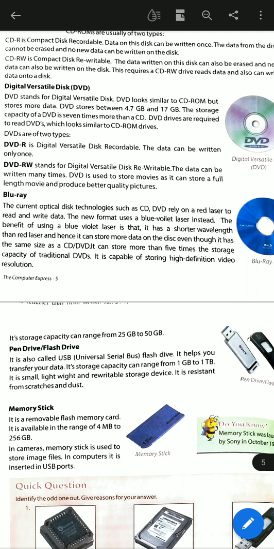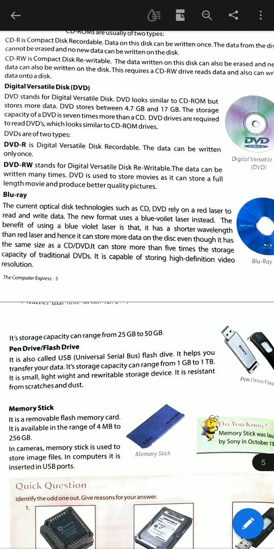Because of this, it can store more data on the disk, even though it has the same size as a CD or DVD. It can store more than 5 times the storage capacity of traditional DVDs.